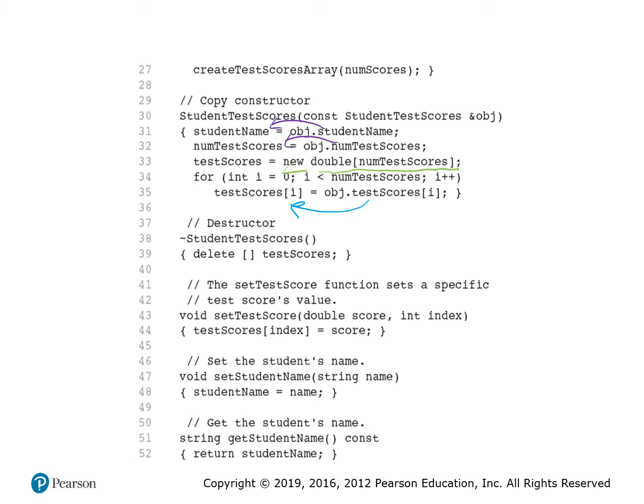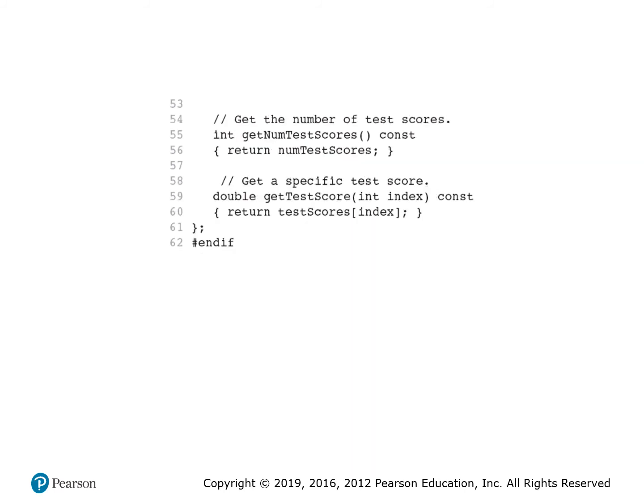That's the proper way to do a copy constructor for something that has an array or a pointer or something like that as part of it.